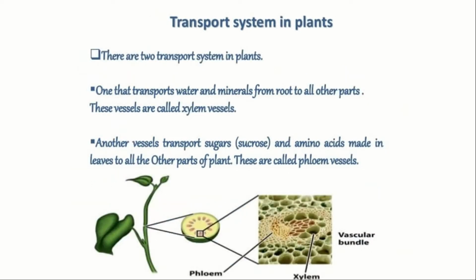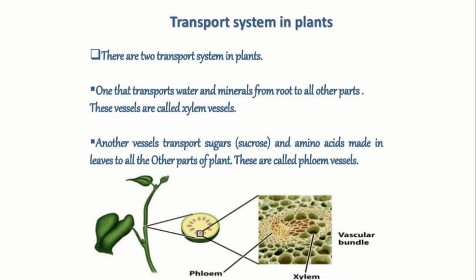Transport system in plants. There are basically two types of transport system in plants. One transports water and minerals from root to all parts of its body. These vessels are called xylem vessels. The xylem vessels mainly transport water and minerals.